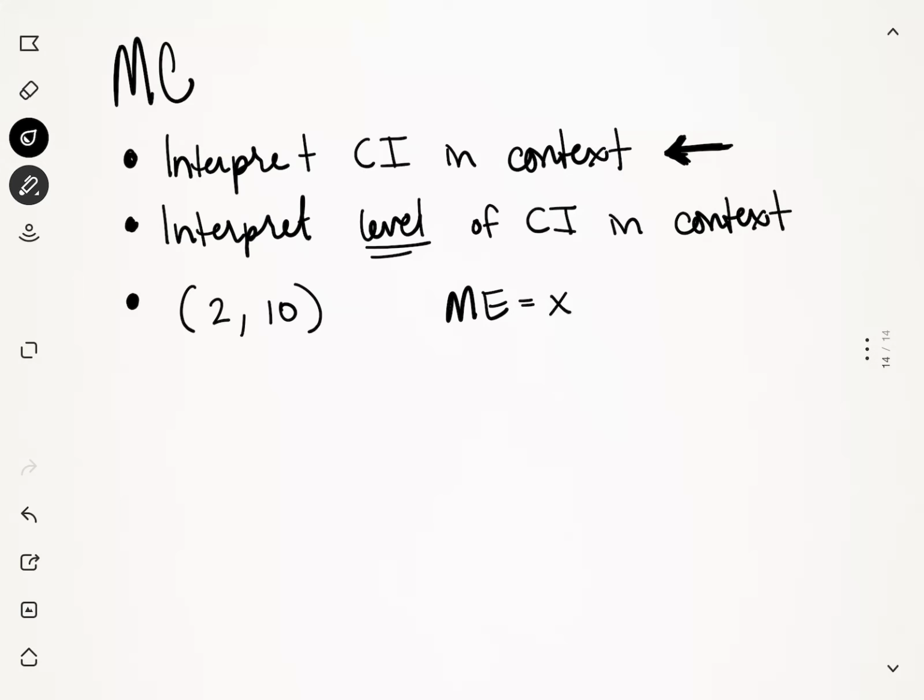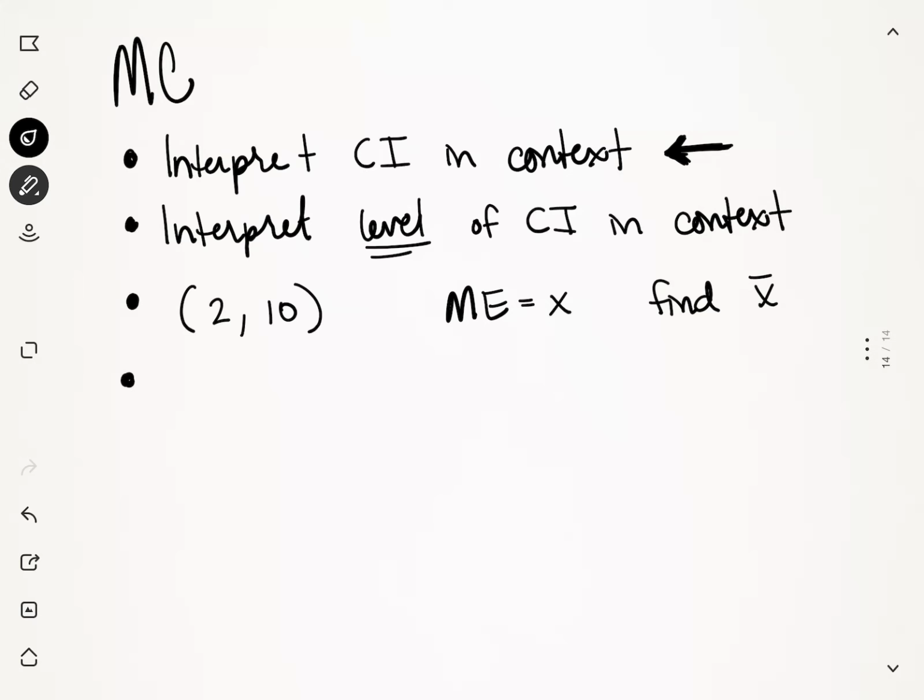So I might ask you to find x bar for me. You should be able to work with that confidence interval or properties of that confidence interval.